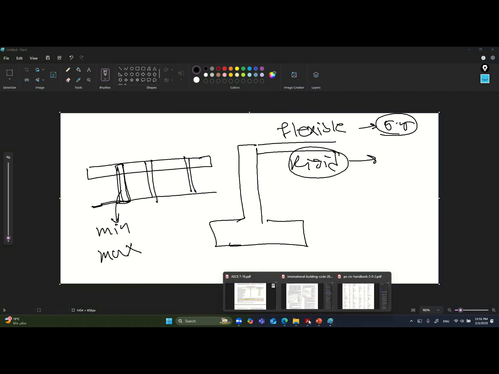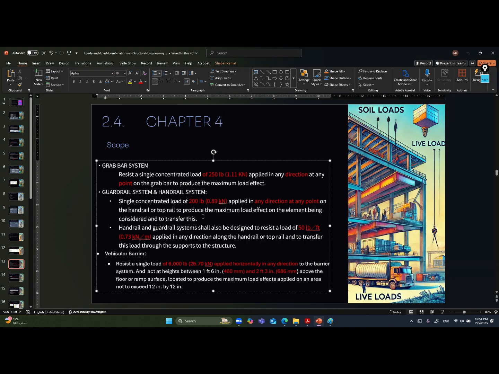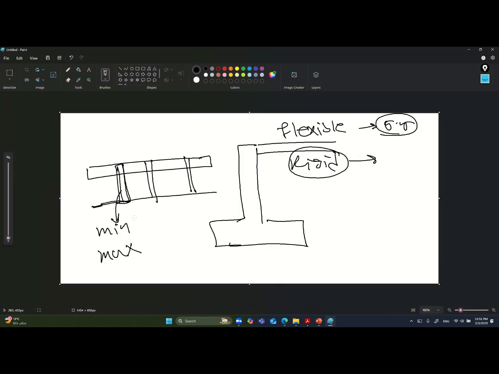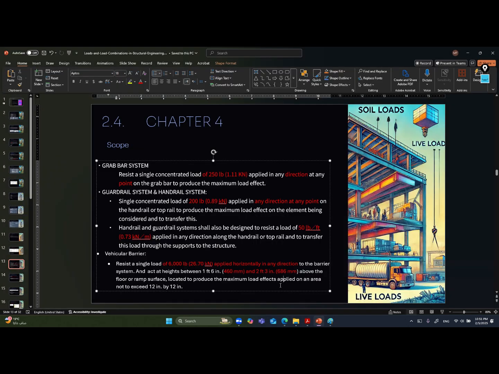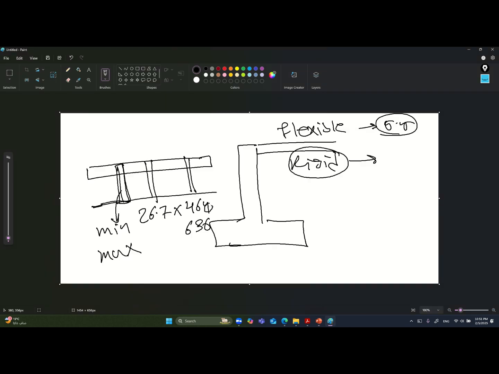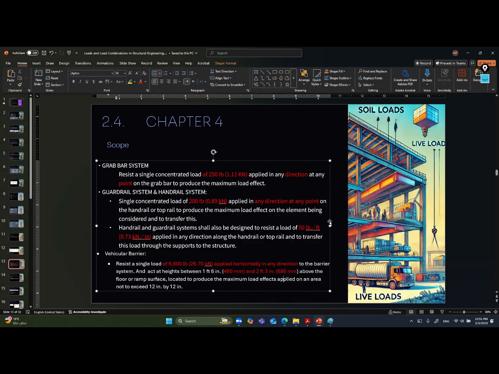We will have to go back here, and it tells you that the force is 26.7 kilonewton, and the point of application ranges from 460 to 686. Here I will multiply 26.7 by 460, and here multiply by 686, correct? To get the minimum and the maximum value. This one is 460. That is the tip and trick in the exam: what is the minimum, what is the maximum, and so on.